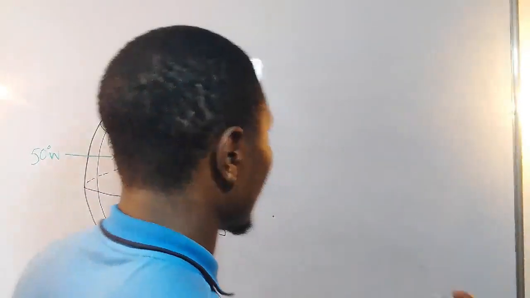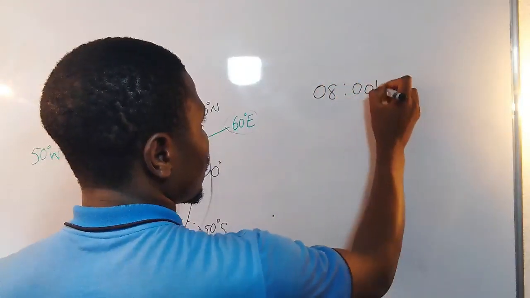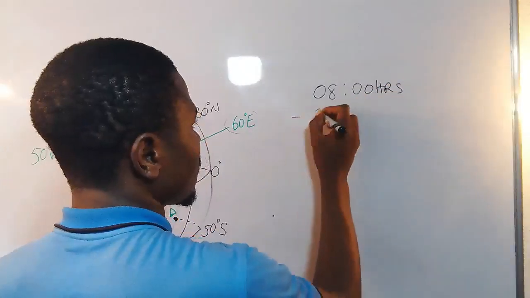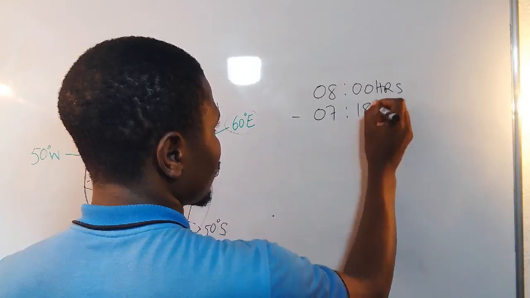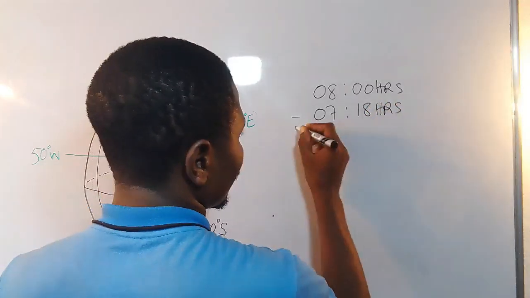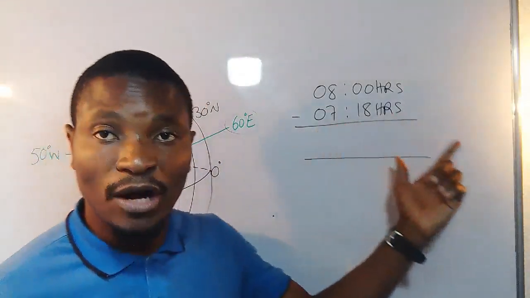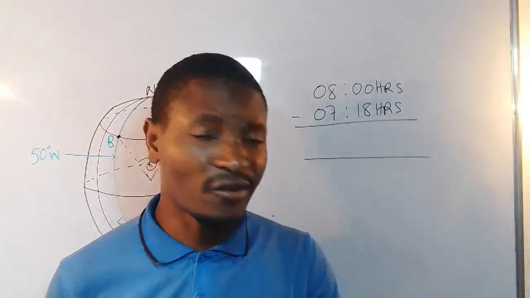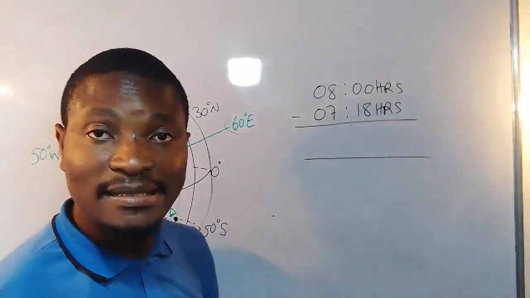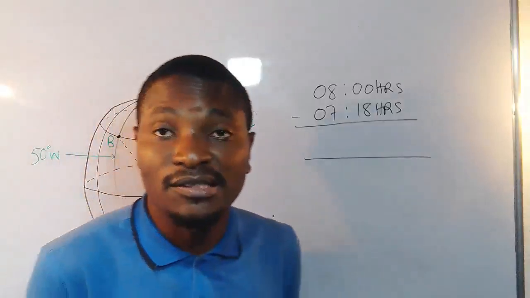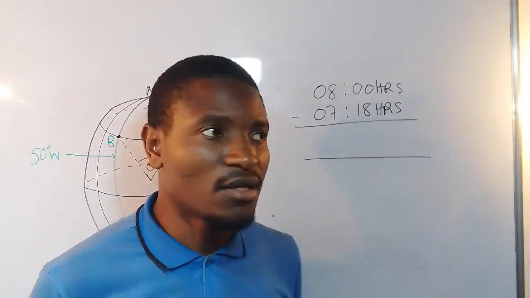Okay, so let's do it nicely. 08 hours minus 0718. When you're subtracting, you have to be very careful and pay attention. Now, 0 minus 18 is a negative, and we cannot give negative time.